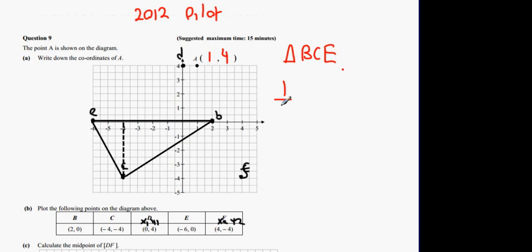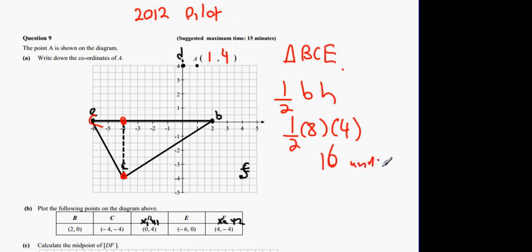What's the length of the base? Half base by height. The base is minus 6 to 2, which is how long? 8. It's 8 across. So a half 8. What's the height? 0 to minus 4. How big is that? 4. A half 8 times 4? 16 units squared. So it's going to be 16.